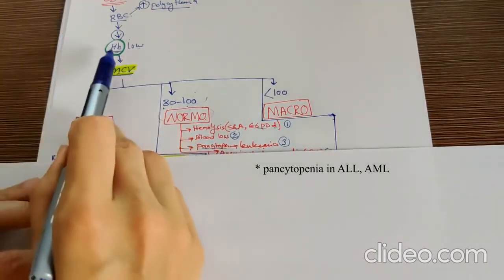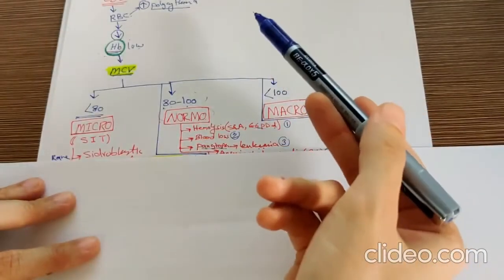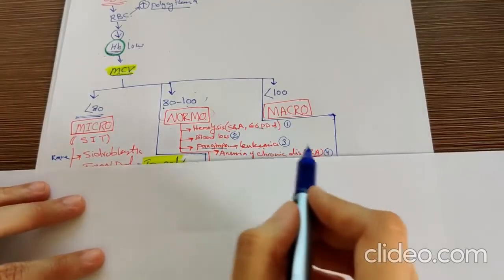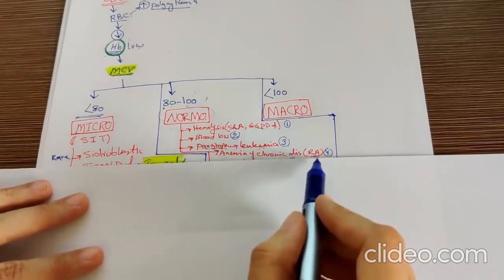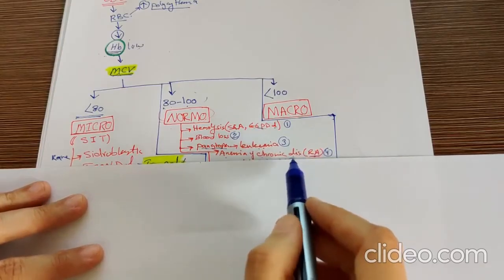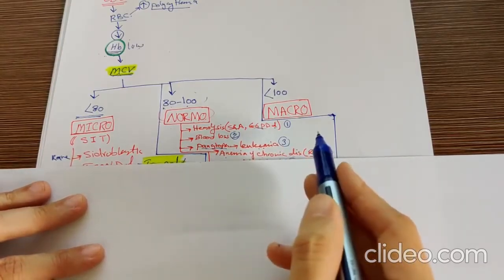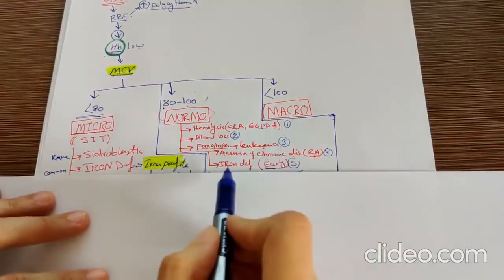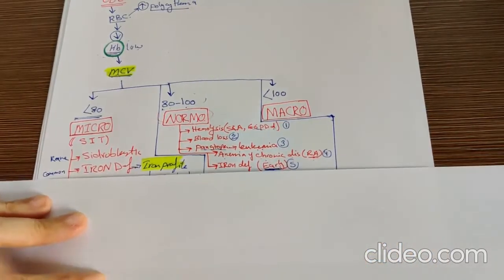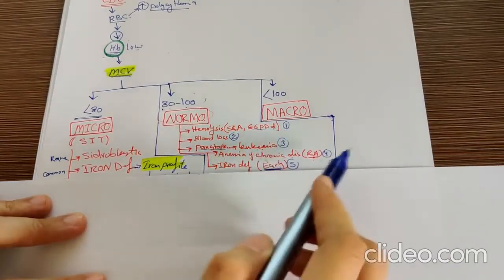So there is a low hemoglobin and also the other elements will be low. And it can be anemia of chronic disease like rheumatoid arthritis, because chronic inflammation can suppress or inhibit RBC production. And the last one, it can be iron deficiency anemia in the early stage. I numbered them here: 1, 2, 3, 4, 5.